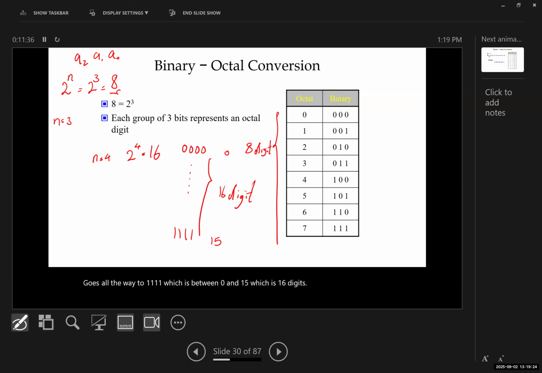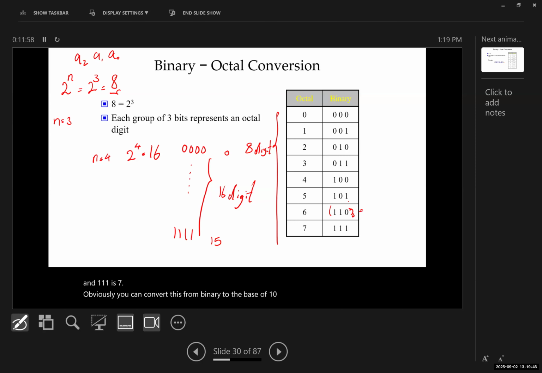And the order is also very important. So 0, 0, 0 is 0, 0, 0, 1 is 1, 0, 1, 0 is 2, 0, 1, 1 is 3, 1, 0, 0 is 4, 1, 0, 1 is 5, 1, 1, 0 is 6, and 1, 1, 1 is 7.